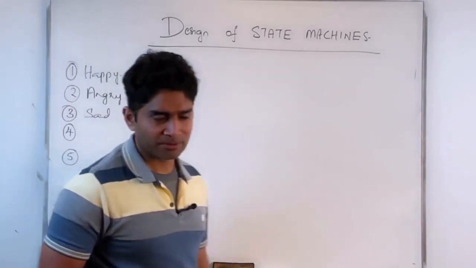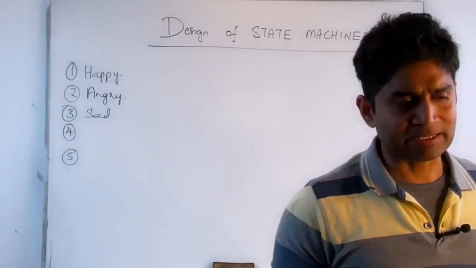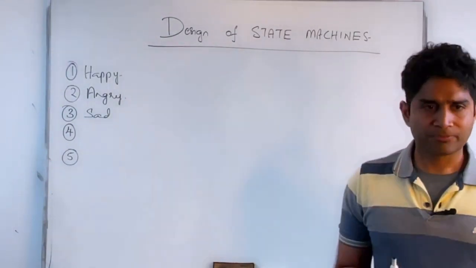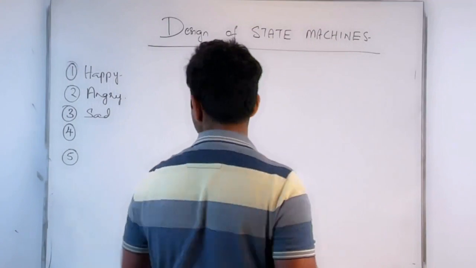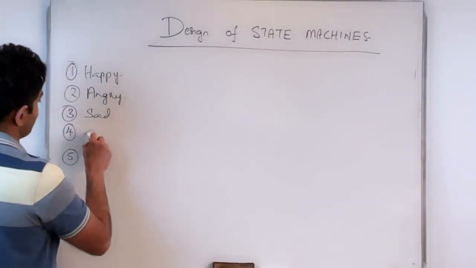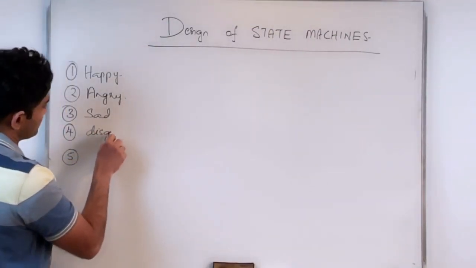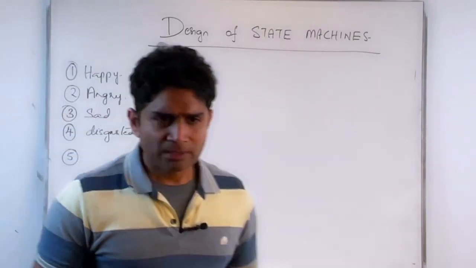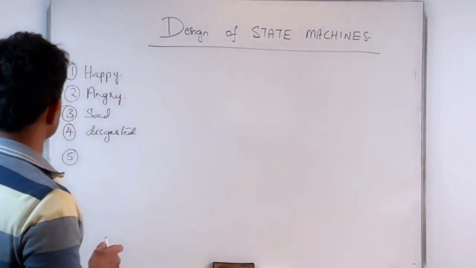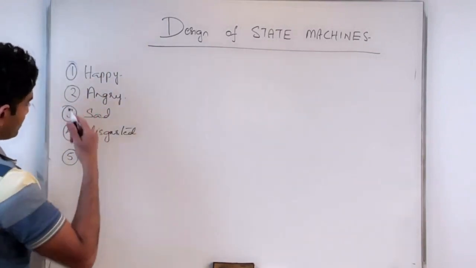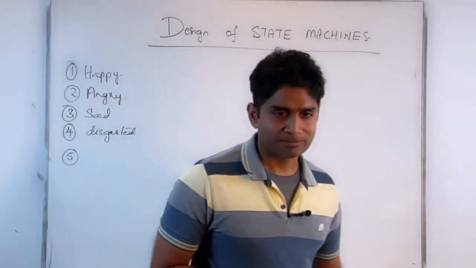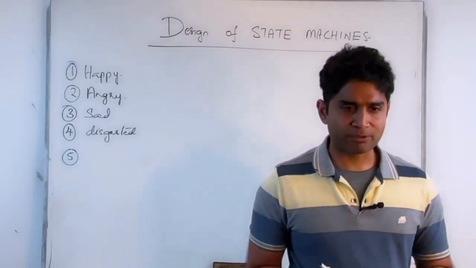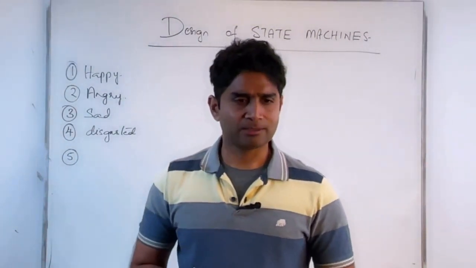What do you want to choose? Let's say I want to represent disgusted. Afraid or disgusted. Okay, disgusted. What else? One more. We'll choose one more, and then we'll draw our diagram.